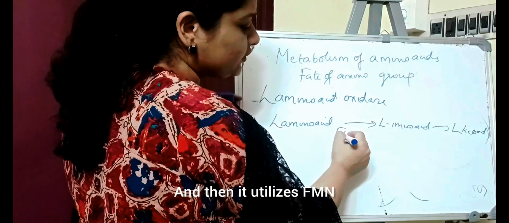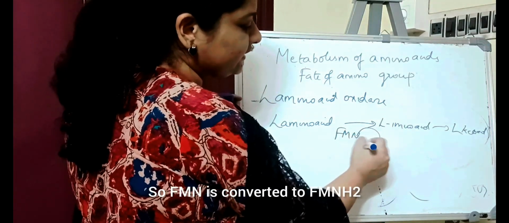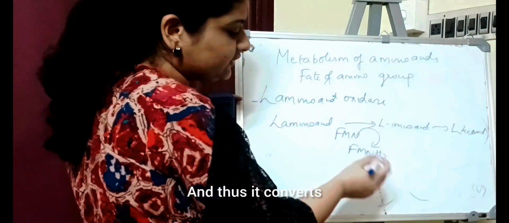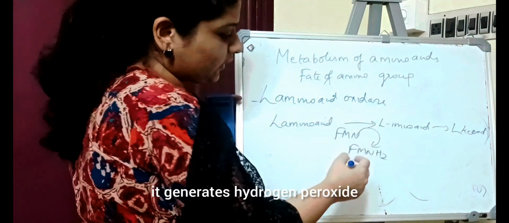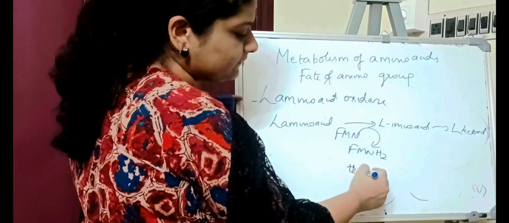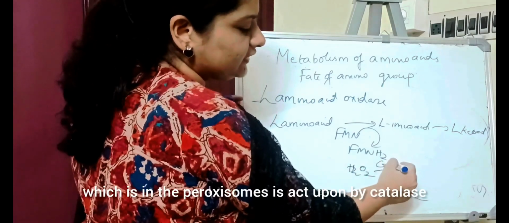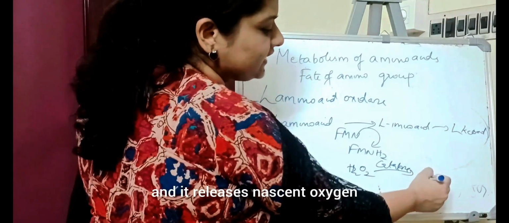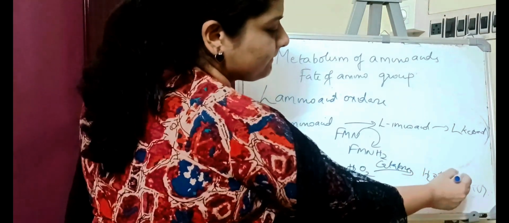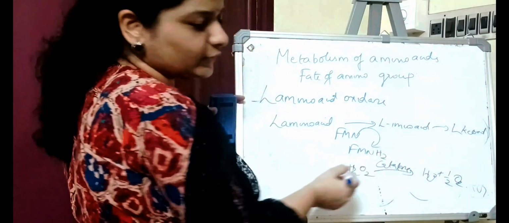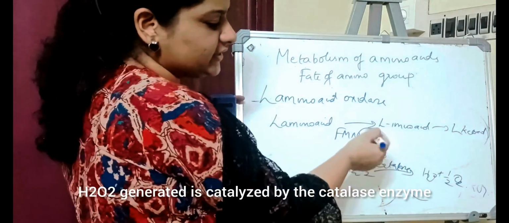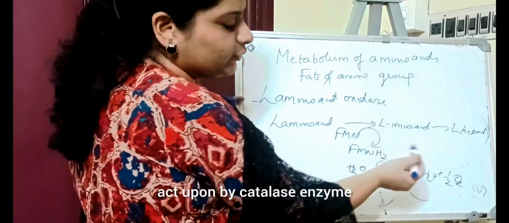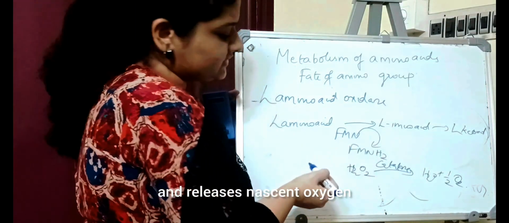In the process FMN is converted to FMNH2, and thus it generates hydrogen peroxide, which in the peroxisomes is acted upon by catalase and releases nascent oxygen.